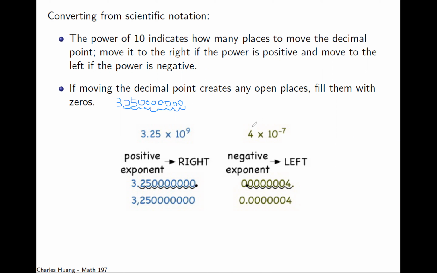We will do the same thing with the example on the right. We take our 4, and in this case, we want to move the decimal place to the other side. So I might not have enough space here. Let's erase it. So we're going to move it 7 decimal places. So 1, 2, 3, 4, 5, 6, 7.